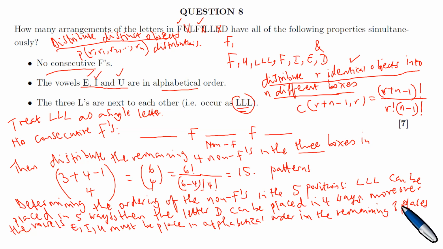Right, so they can be placed in the remaining three places in one way. Think about that. In one way, because they must be in alphabetical order.